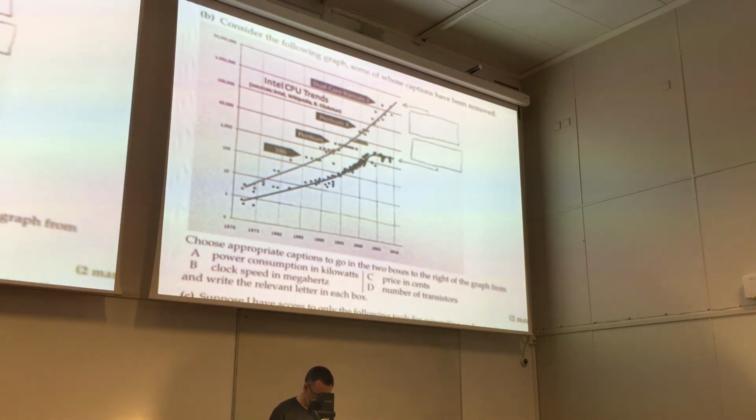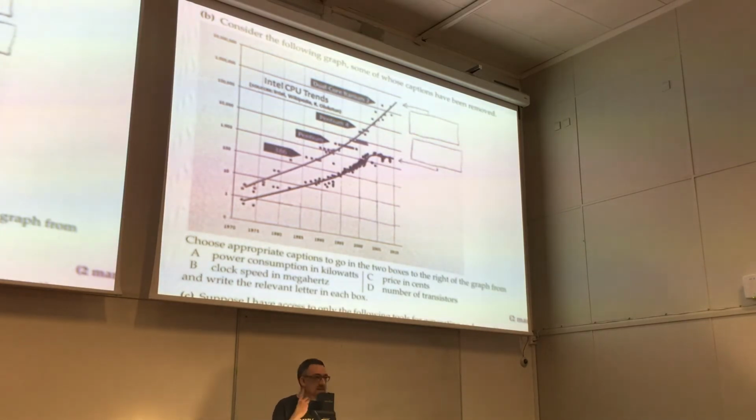And it's certainly not the case that we now have processors that are clocked in the terahertz. We're not going at 1,000,000 megahertz. And that's the key thing that happened. So do you think it might possibly be the number of transistors in a processor?